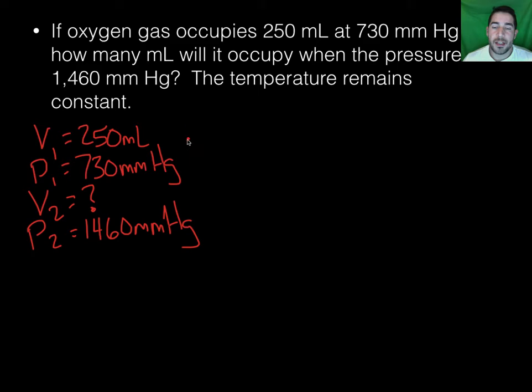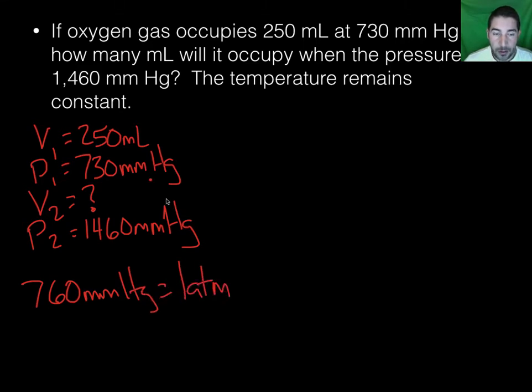millimeters of mercury can be converted into ATMs, atmospheric pressure. Right, this is just another aside. So 760 millimeters of mercury equals 1 ATM. I've got to convert that to this. So I just divide 730 by 760, and I'm going to get 0.92.